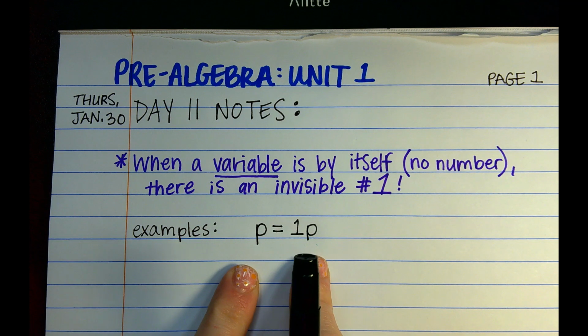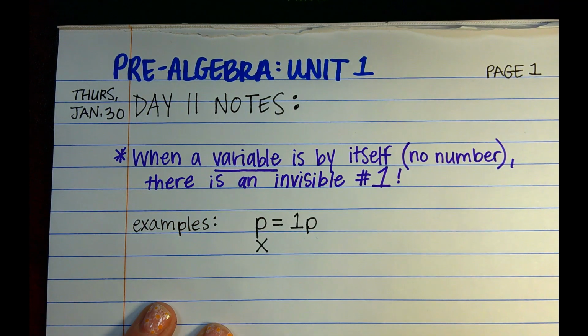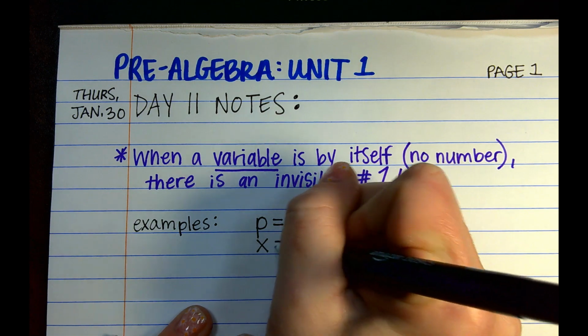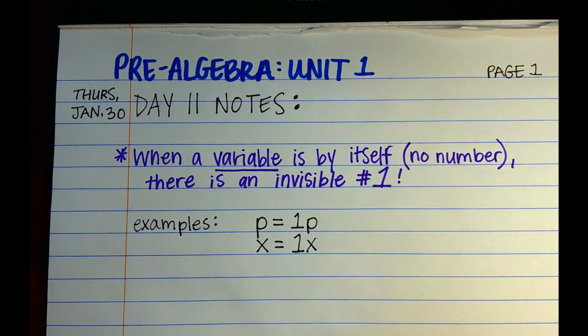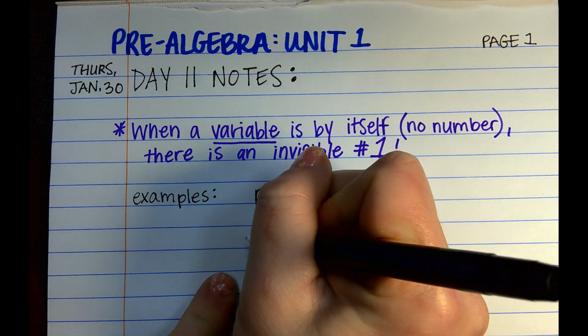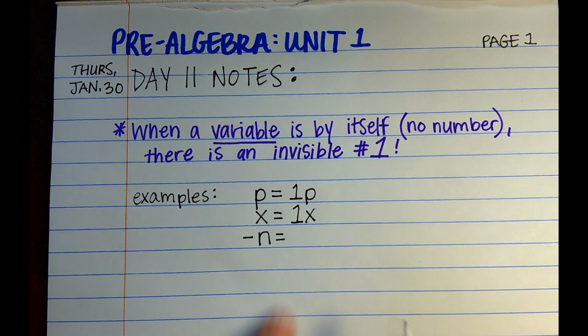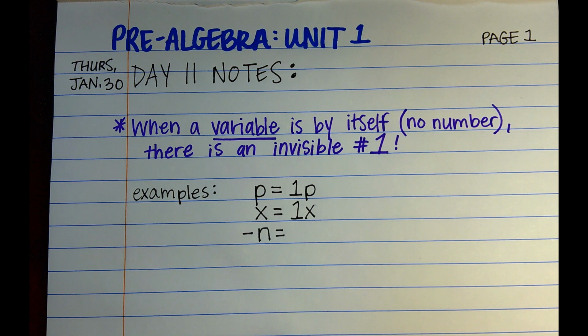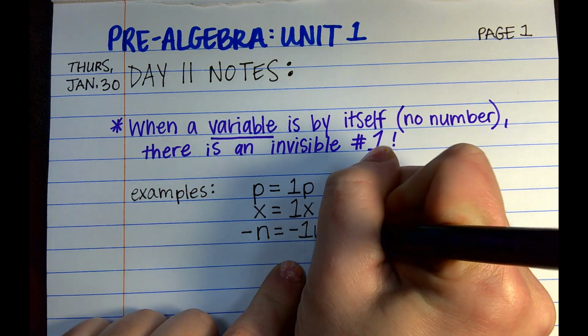These are the same thing. If I have X by itself, it's the same thing as 1X. They are the same. What if I had negative N? What number would be in front of negative N? Negative 1. Good. So negative 1N.